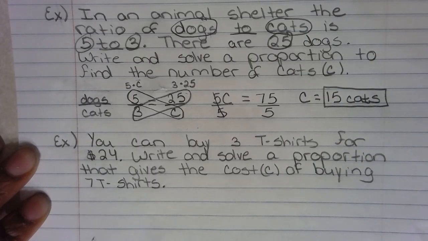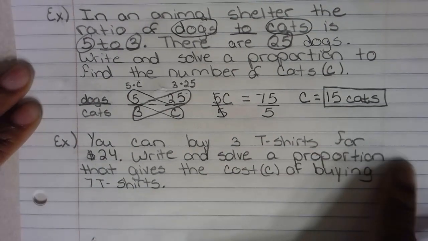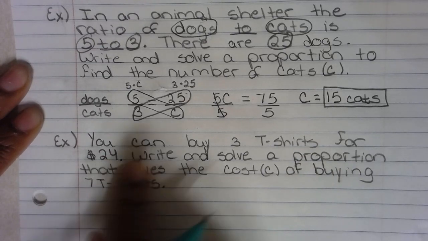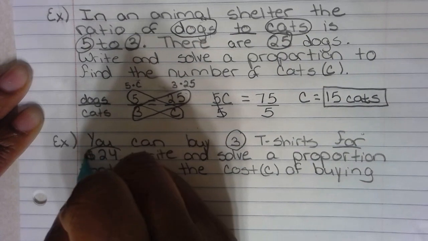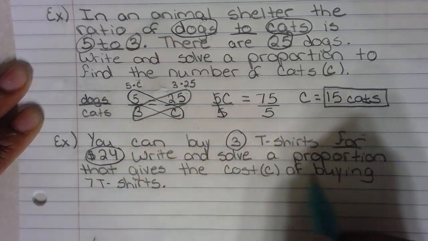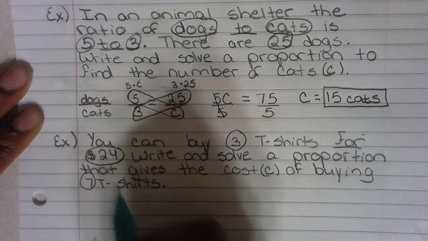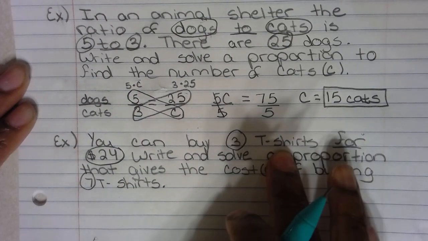Okay, let's jump over and look at the next word problem. The next word problem is talking about the purchase of t-shirts. You can buy 3 t-shirts for $24. Write and solve a proportion that gives the cost of buying 7 t-shirts. So what comes first? The t-shirts.